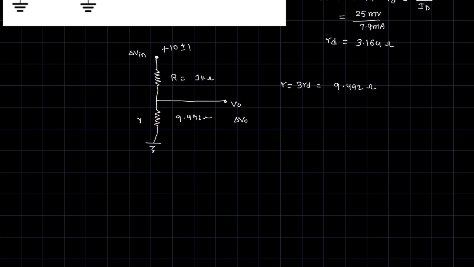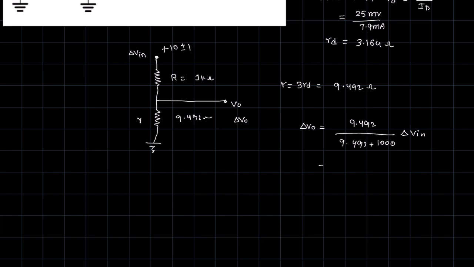It is simply a voltage divider circuit, so delta V naught is 9.492 over 9.492 plus 1000, times delta V in.